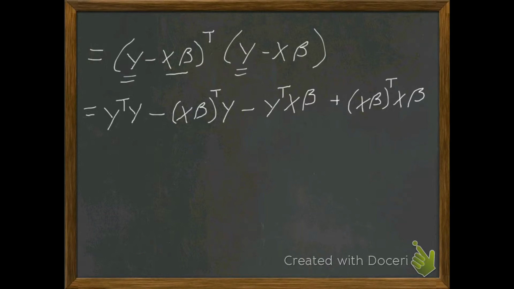Now there's an important property about transpose that says if we have (AB) transpose, this can be rewritten as A transpose B transpose. No, it can't either.